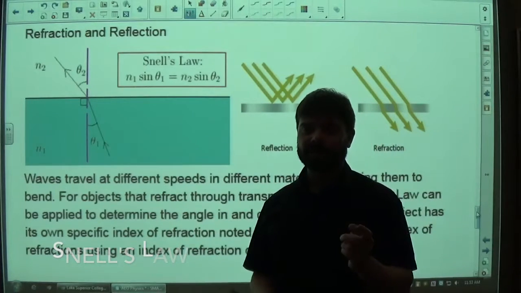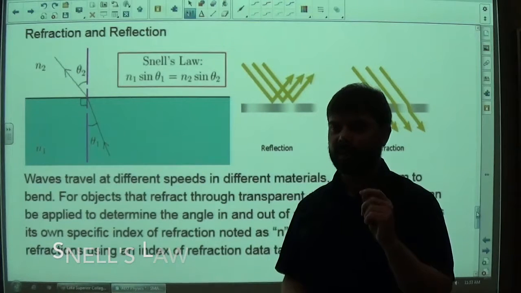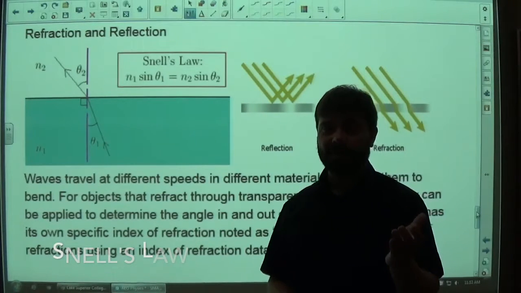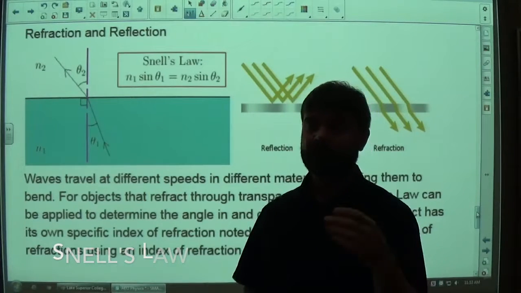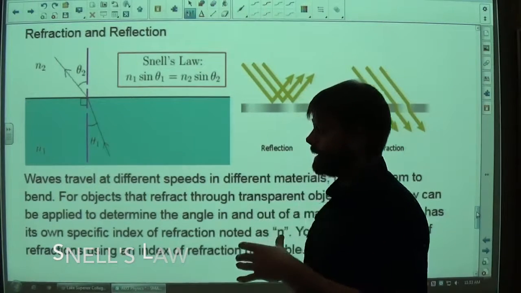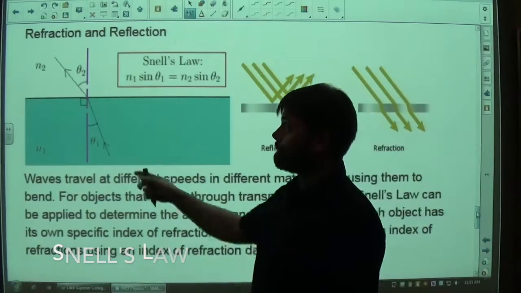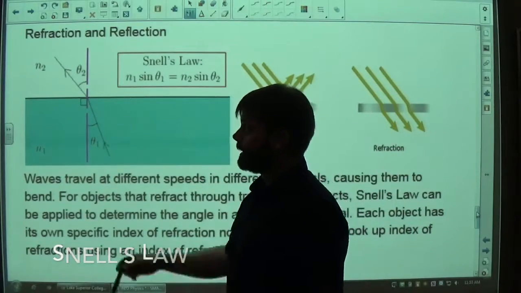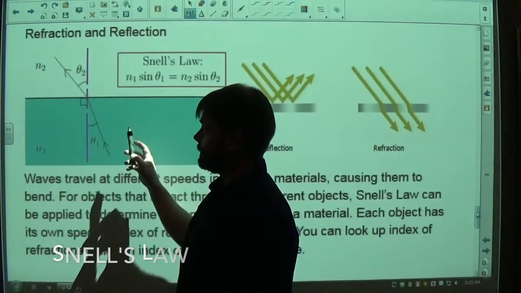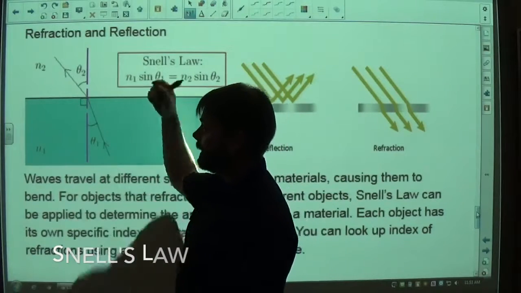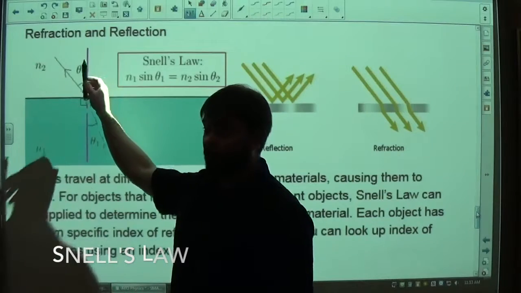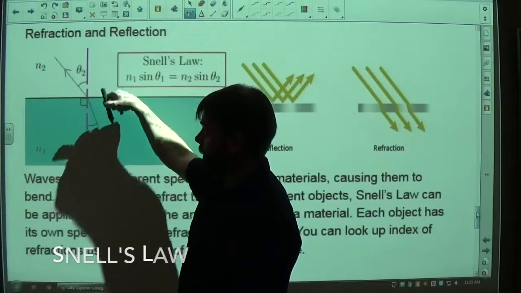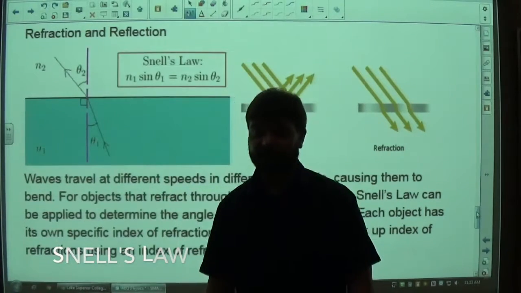But the thing that's interesting is that when it goes through the object, it can speed up or slow down. It can change velocity, which can also change the direction of the light as it goes through. So this example here is showing light going in or out of a body of water, and you'll see that the angle coming out from what they would call normal is greater than the one inside the water.